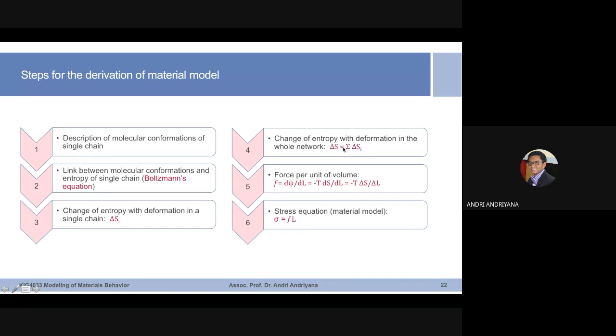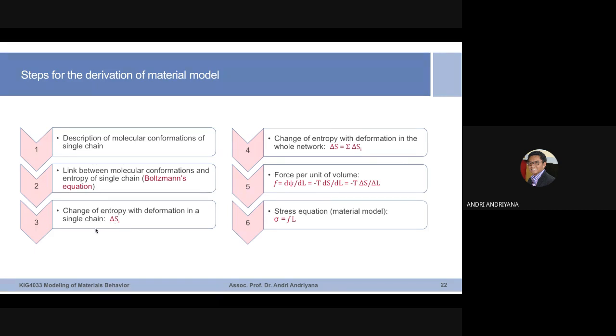Delta S is simply the sum of the change of entropy with deformations in the whole network, and delta S_i is for individual polymeric chains. You simply sum up. Which means that now I need to look at a single chain. I need to identify how the entropy density changes with deformation in a single polymeric chain.